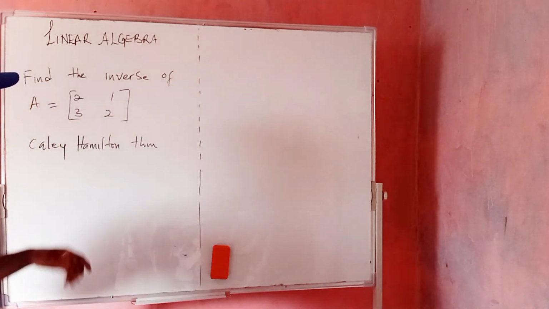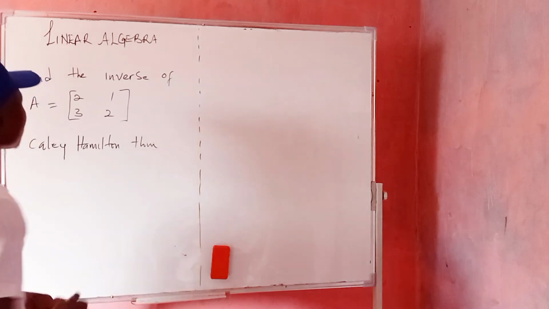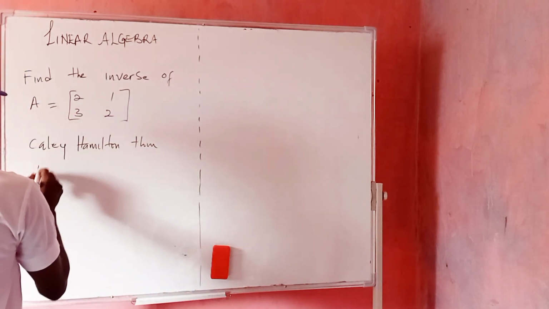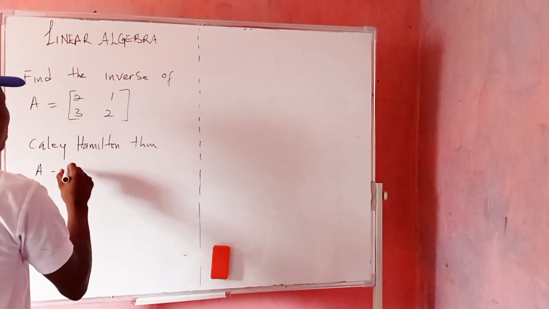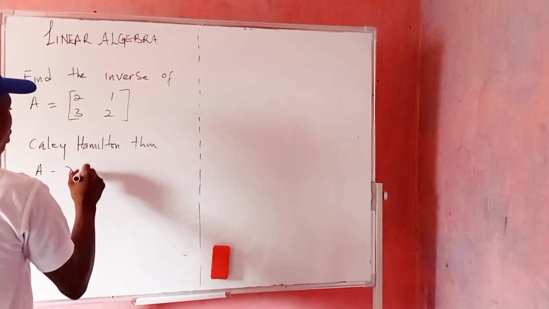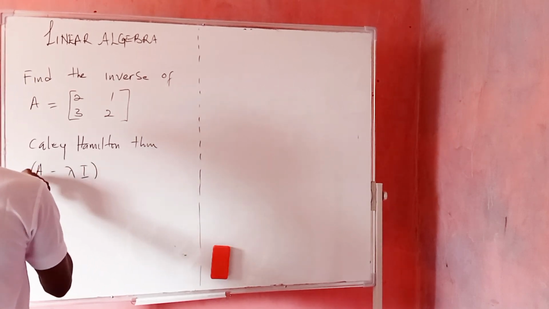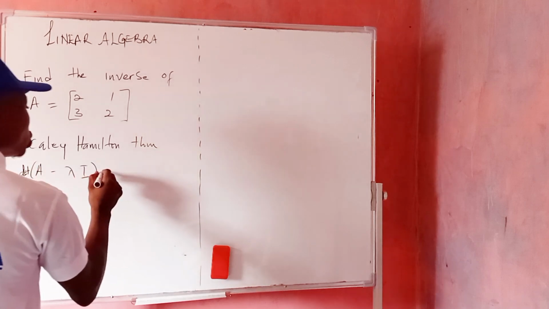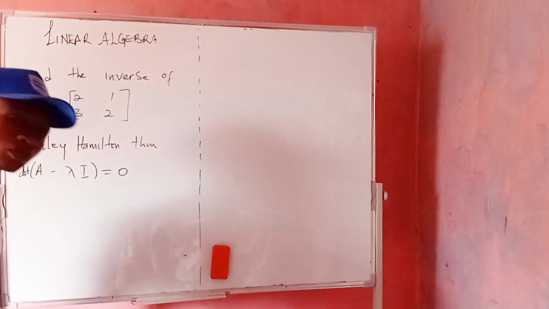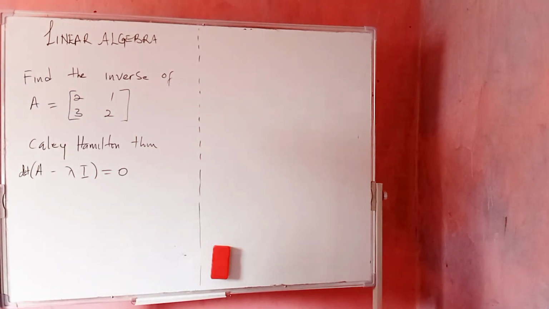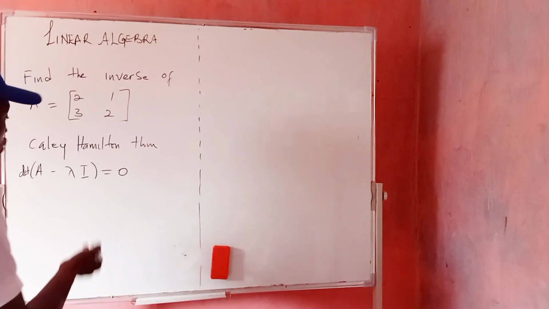To use this Cayley-Hamilton theorem, we are going to take this matrix A minus some constant, let's say lambda, multiplied by an identity matrix. The determinant of it should be equal to 0. Right? So just follow keenly as we solve.